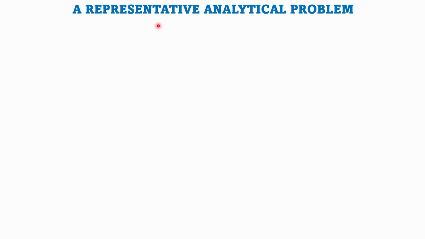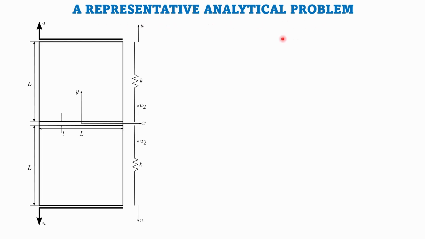So we take a representative analytical problem. We discussed the single element, correct? So essentially this element pulled by tension and fixed at the bottom was our single element test. Now we take it a bit further. We have one block and one more block. These two are rigid blocks, and there is a small layer in between.